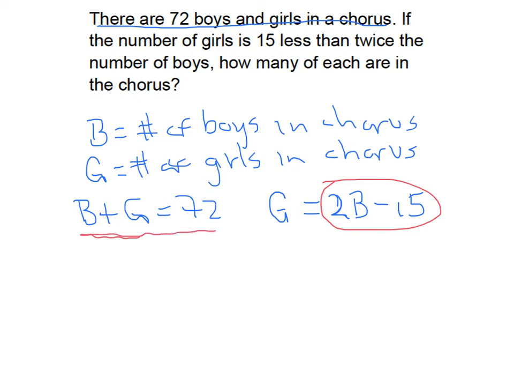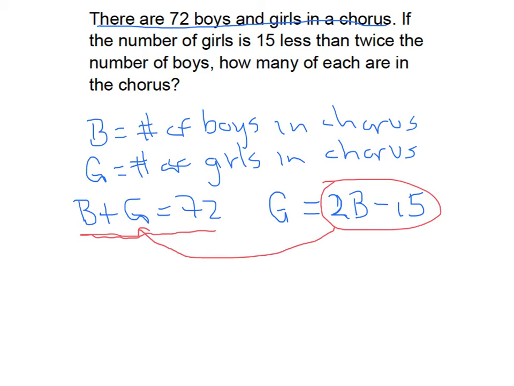If we remove G from it and replace that with 2b minus 15, our equation should still stay balanced, as it were. That is, we can simply take this material, whatever G is equal to, and replace G in this equation with it.